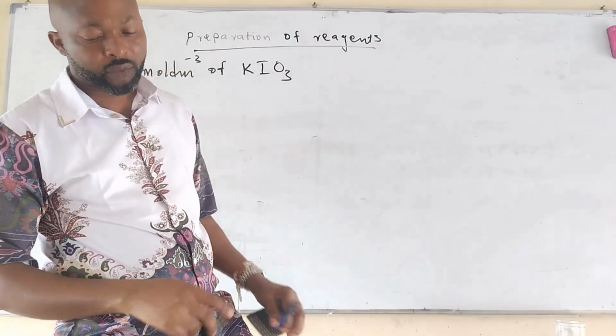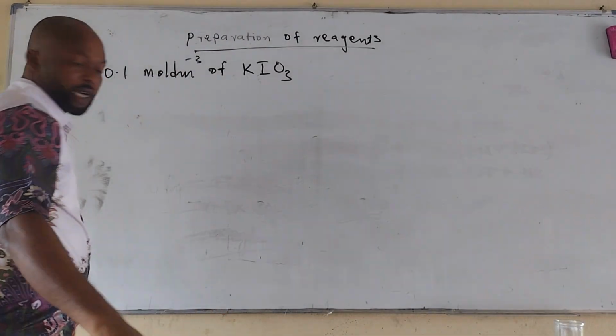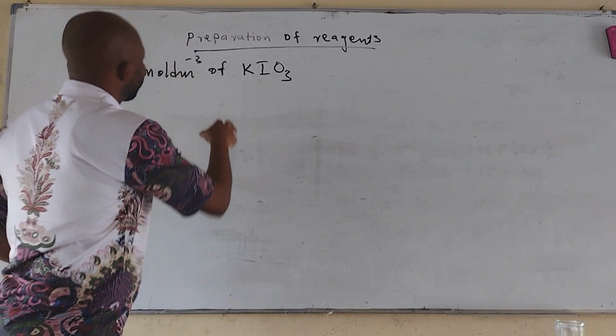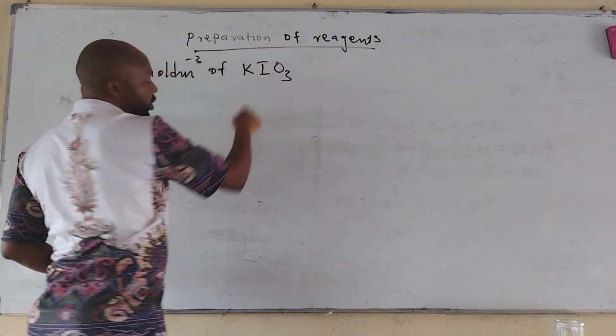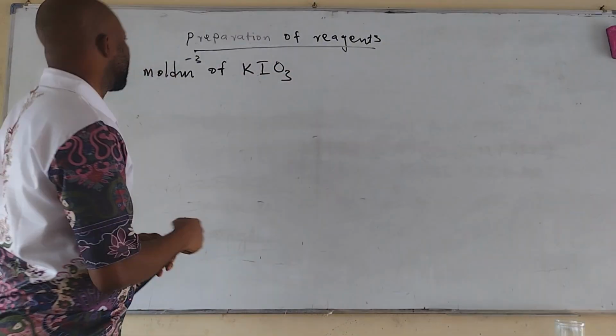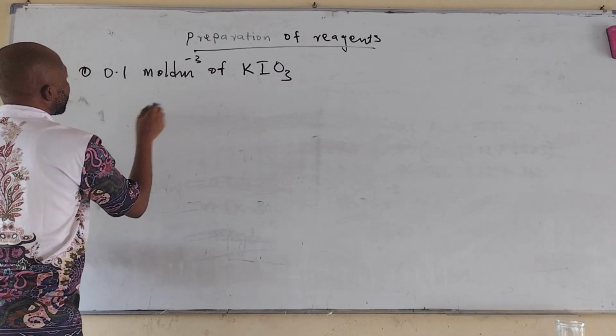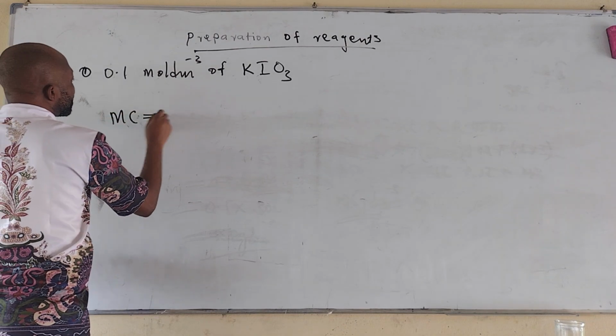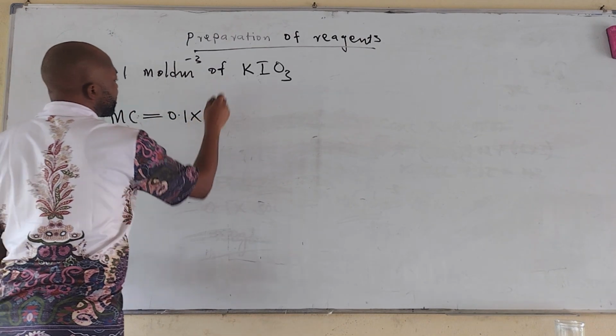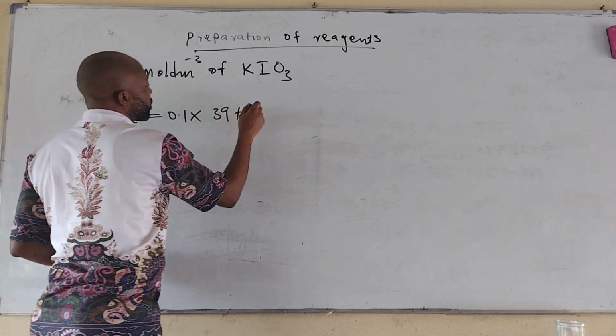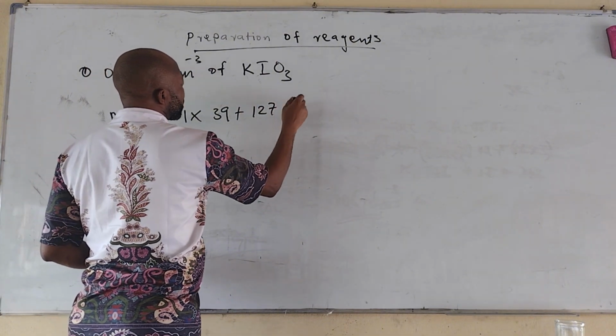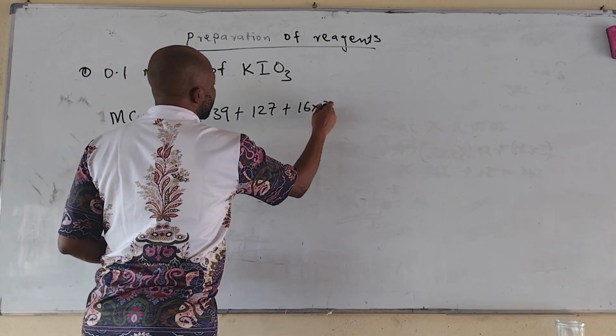Okay. Now we have to calculate the relative molecular mass of this. Iodine alone is 127. So I have my mass concentration, which is 0.1 times 39 plus 127 plus 16 times 3.